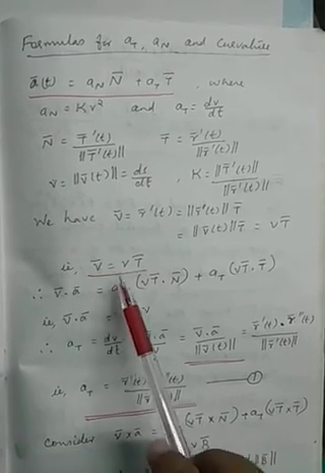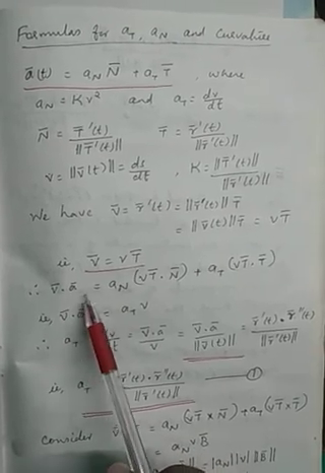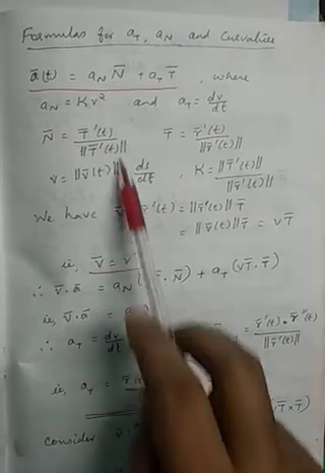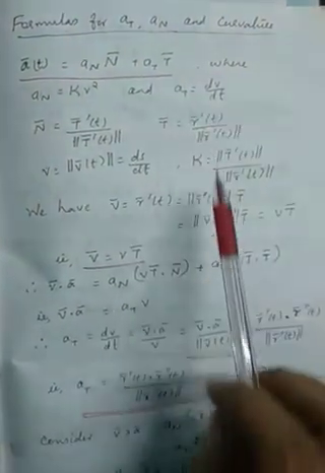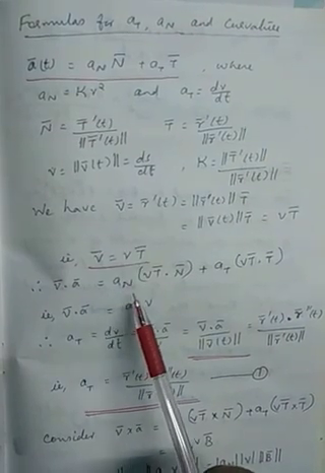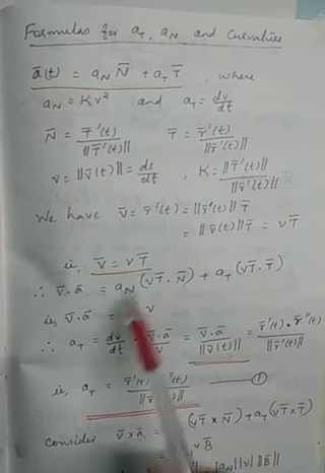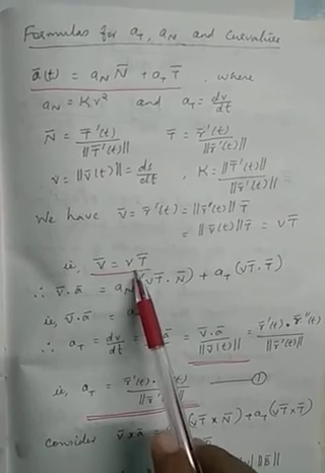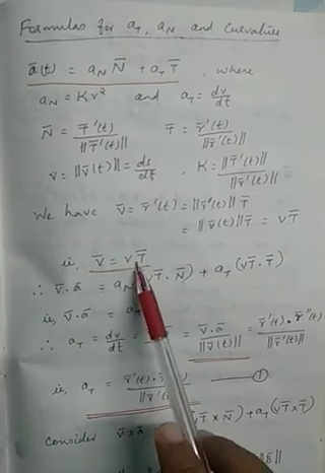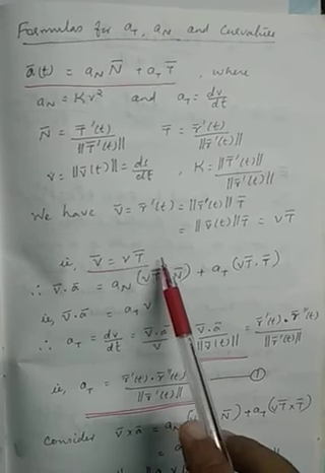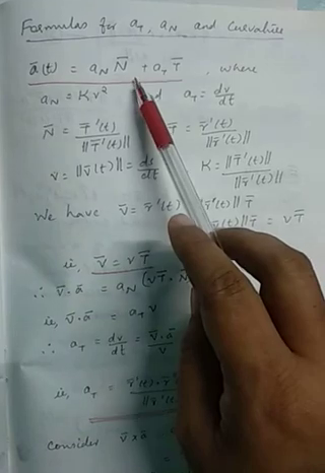Now, we take the dot product with respect to a. That is, we consider v dot a. We have a is equal to AN vector N plus AT vector T. So, v dot a, where vector v is equal to v vector T, is equal to v vector T dot AN into N bar.